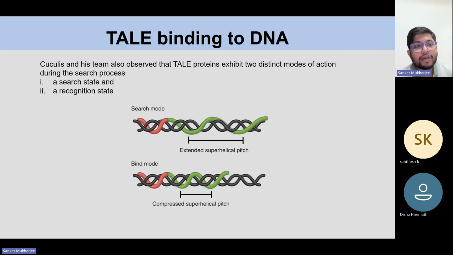Now, when TAL binds to DNA, it is observed that it first searches the DNA for where it can bind, and then it recognizes.